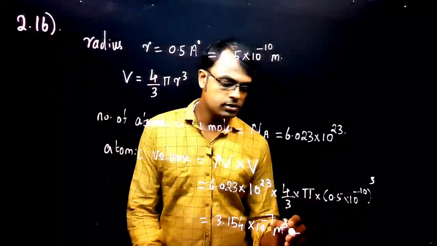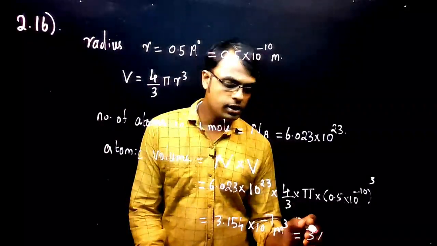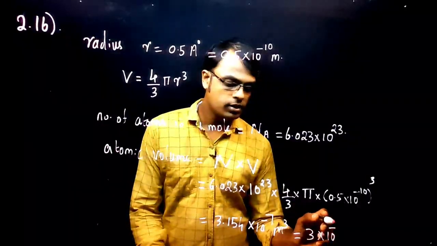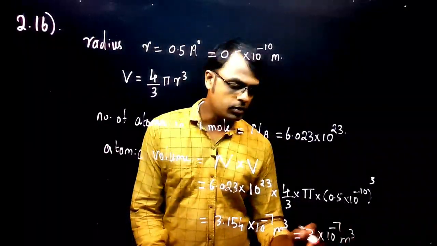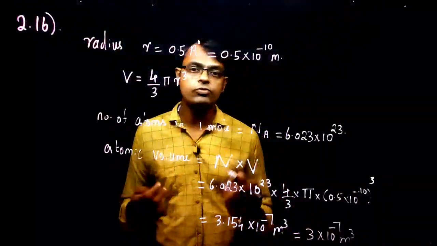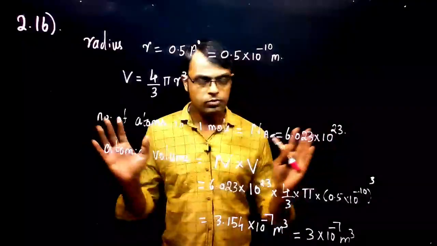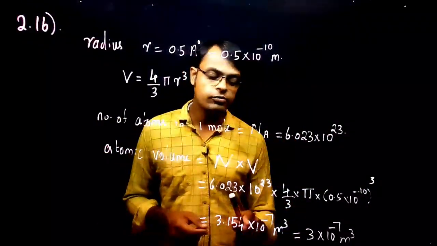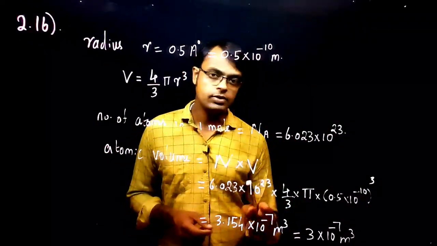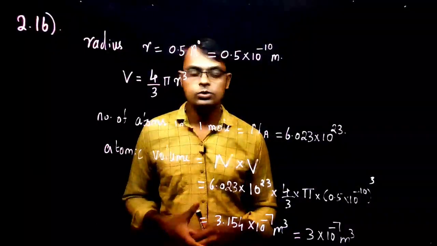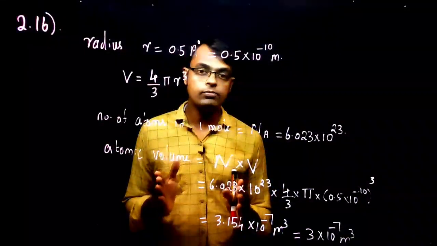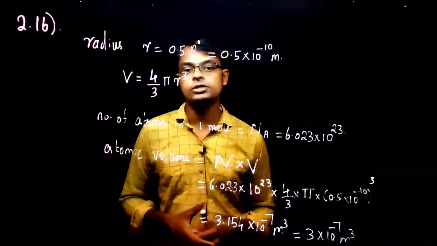So the answer is equal to 3 into 10 to the power minus 7 meter cube. If the question is asking to write the answer in correct significant figure, only then you have to write like this. Otherwise, your answer is 3.154 into 10 to the power minus 7 meter cube. Okay, so this is the atomic volume of 1 mole of hydrogen atom.